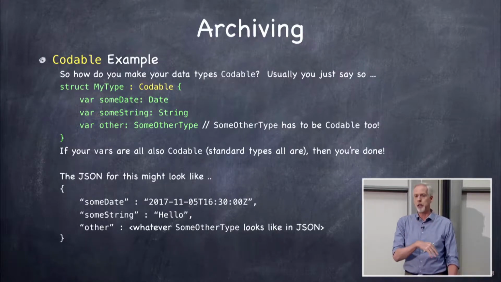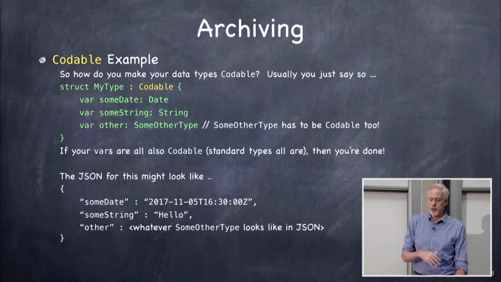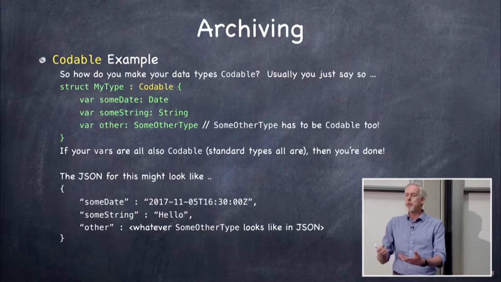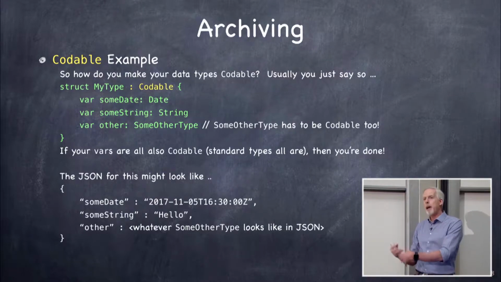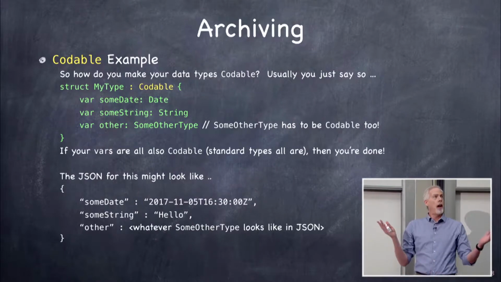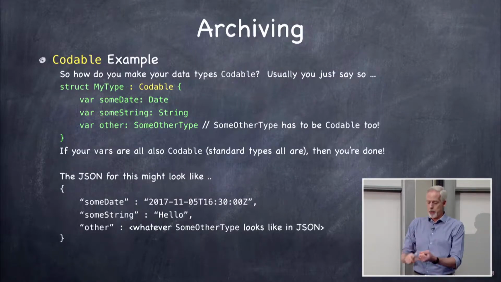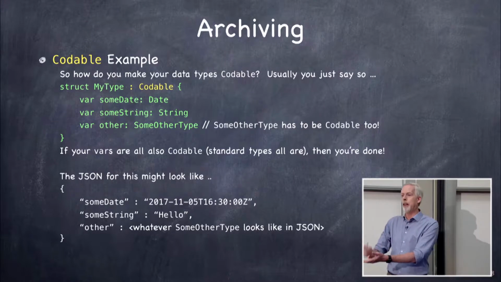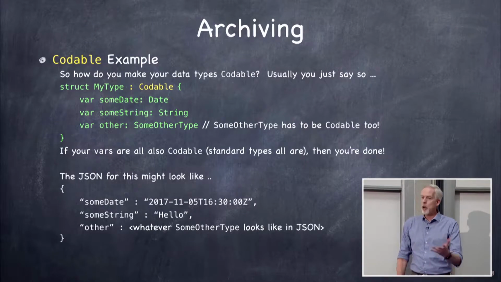So it's not one of those things I showed you on the first slide there. So here, date is definitely codable, string is codable, and presumably some other type has made itself codable as well. And so this thing is now codable. And that's all I have to do. Okay, a lot easier than implementing init and encode for every single object in there. We just say it's codable, and it is.